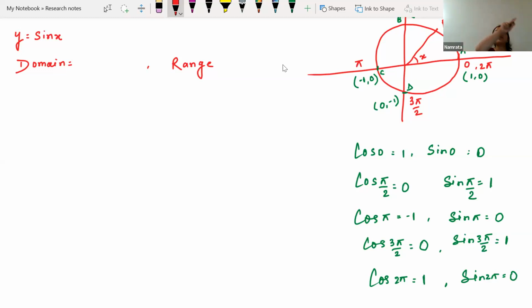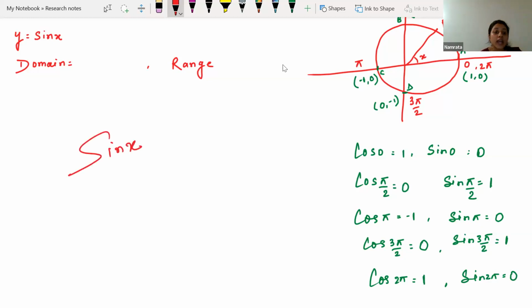It will continue after 2 pi, even if the value repeats after that. You can take any larger angle. And in the previous class, we were finding the value of such larger angles, like 1750 degrees and 11 pi by 3. That means that angle can be anything.